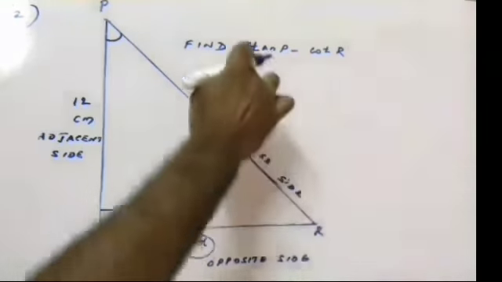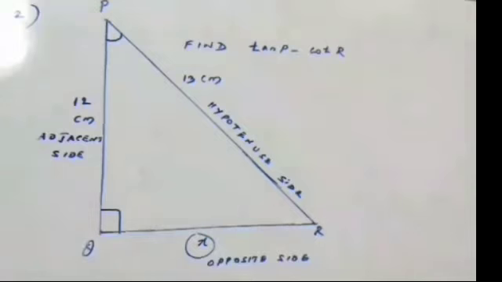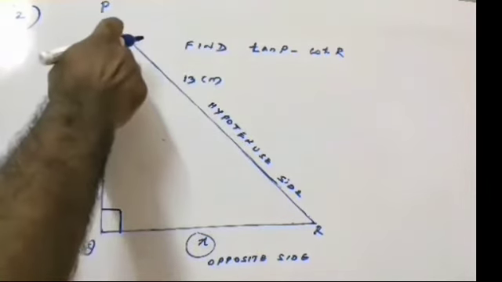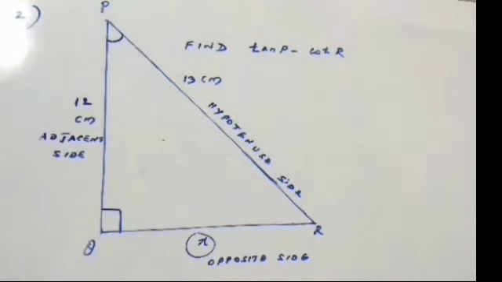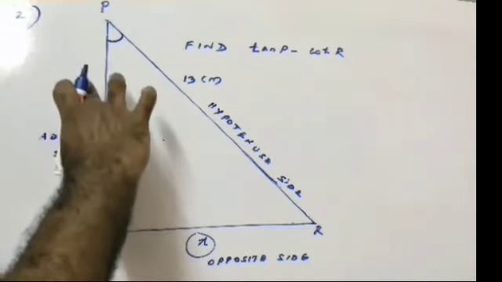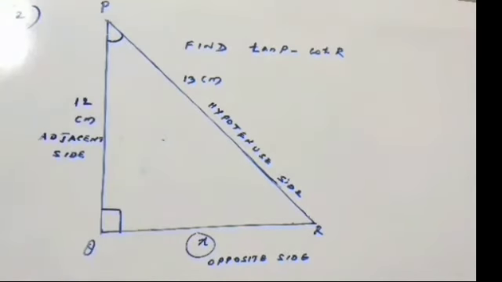Now they are asking the value of tan P. So consider angle at P. Now we know that tan theta equal to opposite side by adjacent side. Here adjacent side is 12. We don't know the value of opposite side. So by using Pythagoras theorem, we can find the value of x.